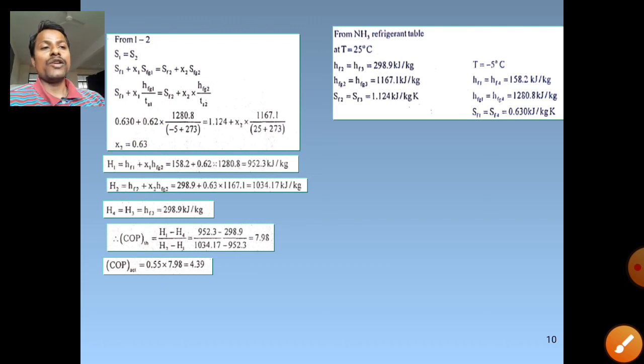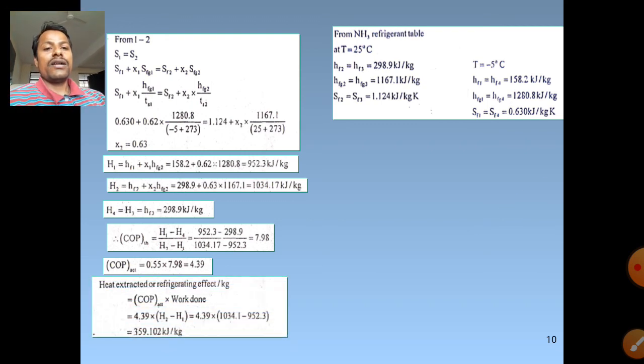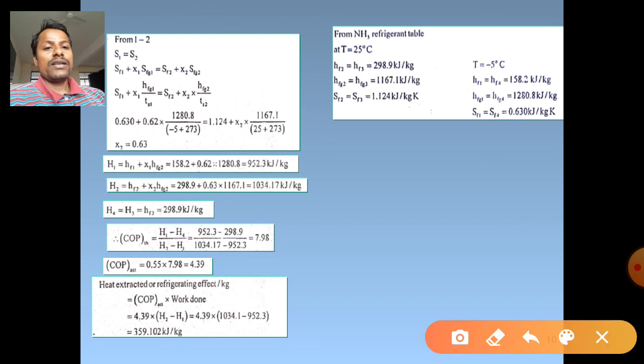This COP value I will use for calculating the total refrigeration effect or mass flow of refrigerant. Hence I can calculate the heat extracted from the refrigerated space or from the water, that is the refrigeration effect per kg, as COP into work done.